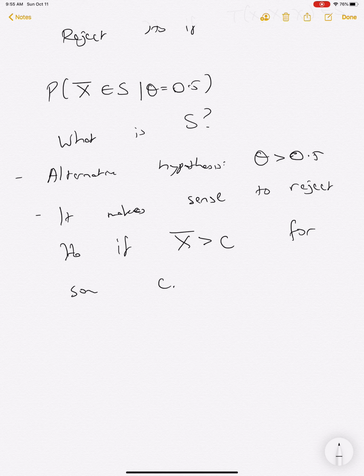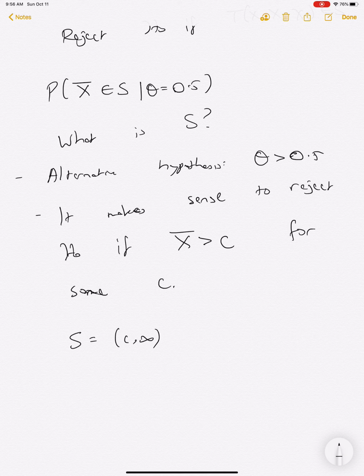If you think about this intuitively, if you're counting the proportion of people who are voting Republican, the greater that is, the more likely you are to reject the null hypothesis that theta is 0.5. And so another way to think about it is S goes from c to infinity.